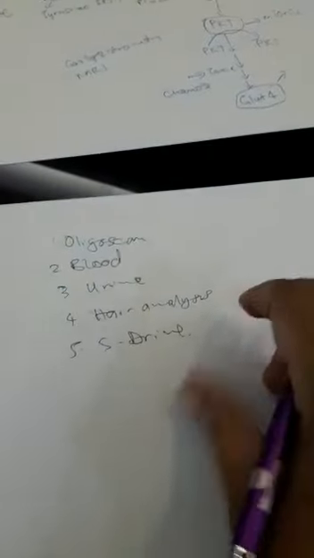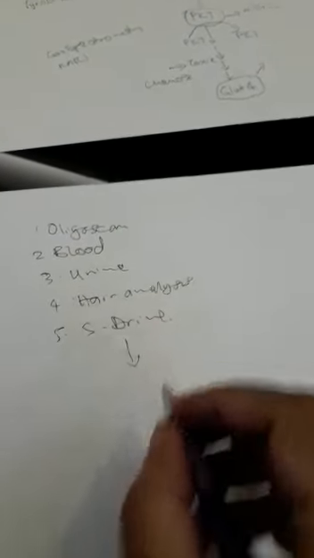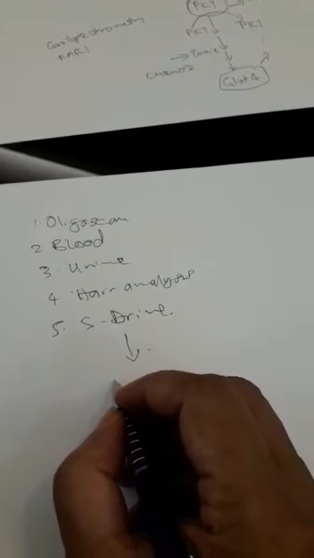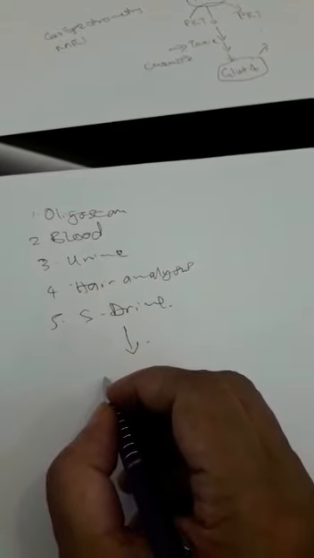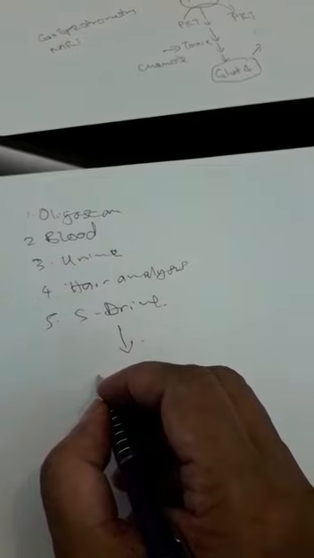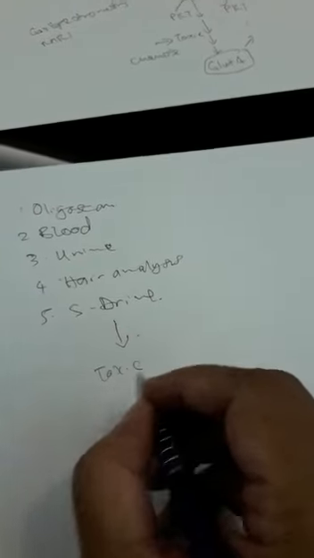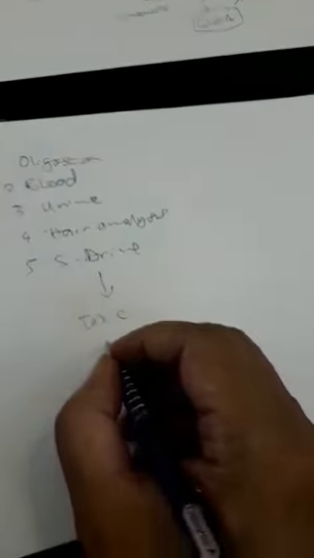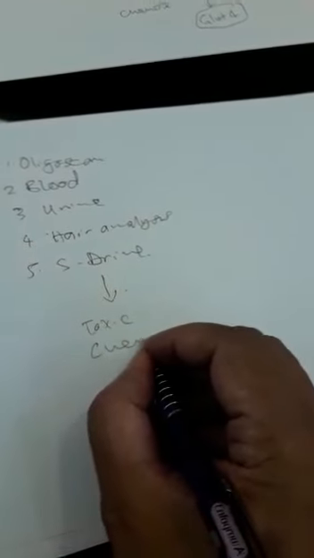Okay, so how does it appear on S drive? In the S drive, you can see a separate section of toxic metals appearing, and we can see chemicals.